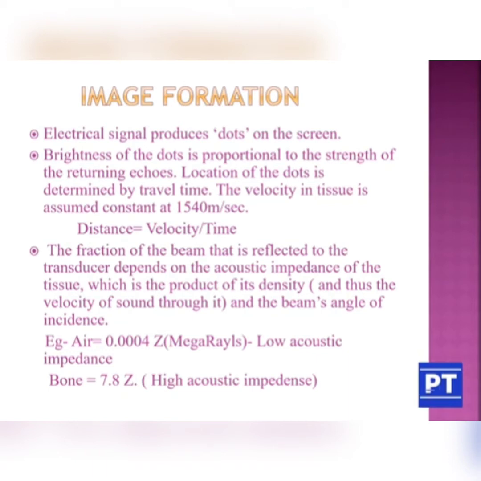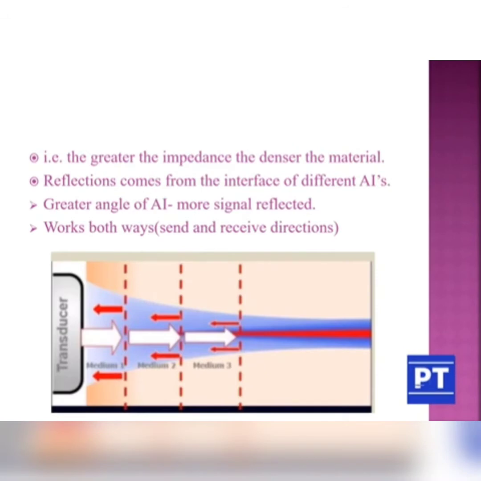For example, air has a low acoustic impedance of the order of 0.004 Z, while bone has a high acoustic impedance of the order of 7.8 Z. Air is considered the enemy of sound waves. The greater the impedance, the denser the tissue.